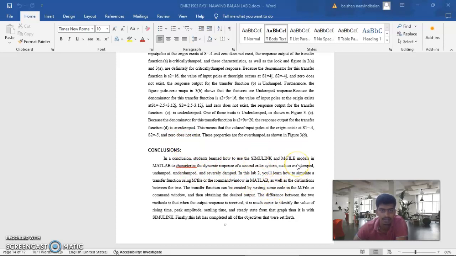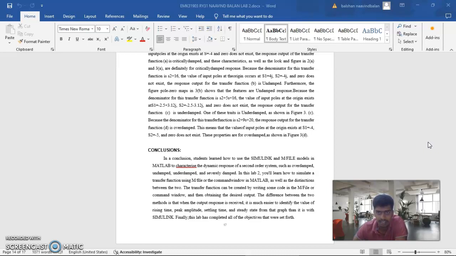So for the conclusion, what I learned from here is how to use Simulink and the M-file in MATLAB to characterize the dynamic response of the second order system, such as overdamped, underdamped, undamped, and critically damped. In this second lab, I learned how to simulate the transfer function by using the M-file or other command windows in MATLAB.